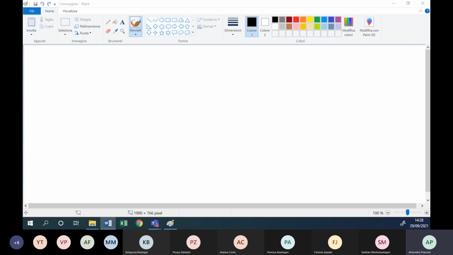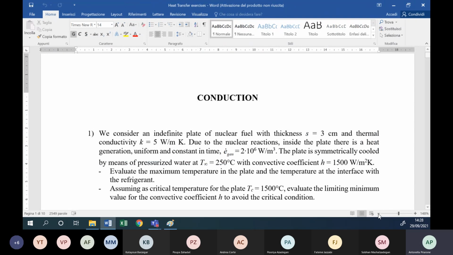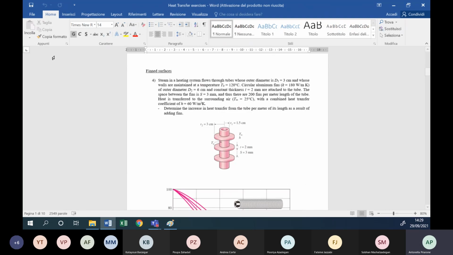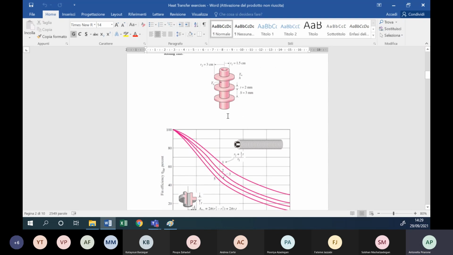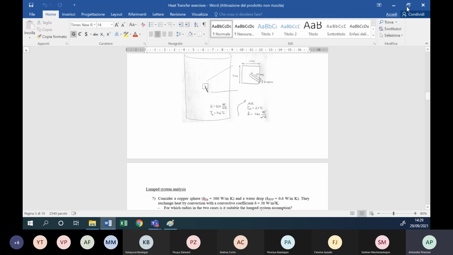You find this file with all the texts of the exercises proposed in classroom, with different sections and different topics. So now we are here, finite surfaces. Today we do this exercise and this one and this one, 3 exercises, I hope, okay?